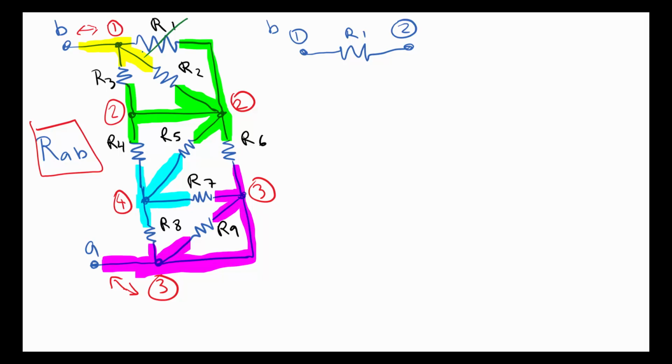And let's move on to R2. We can see that R2 is connected between node 1 and node 2. So let us show that. Let's use the same color.